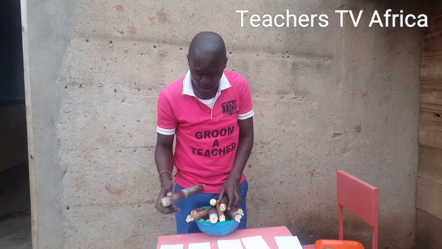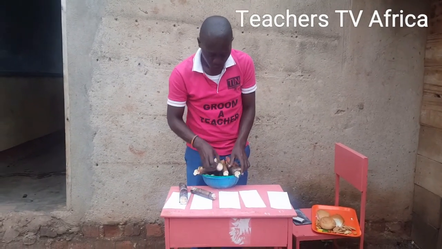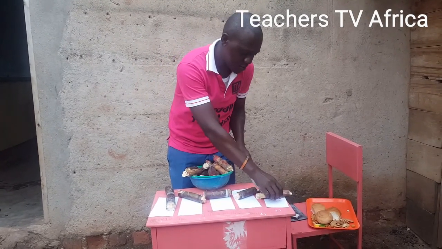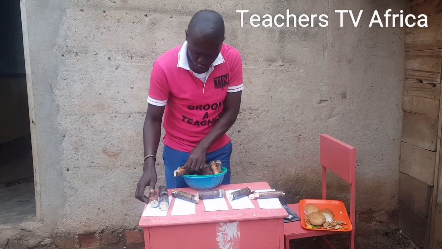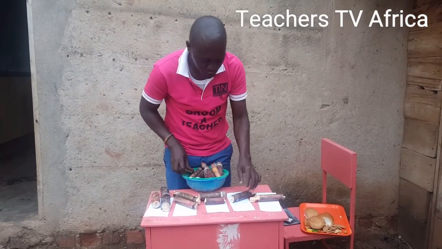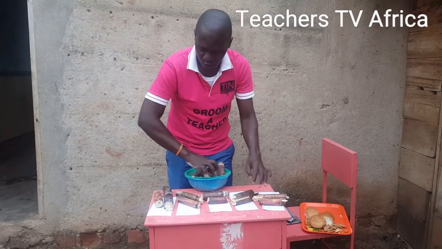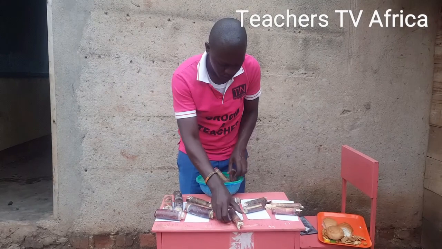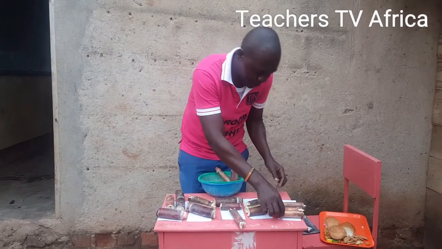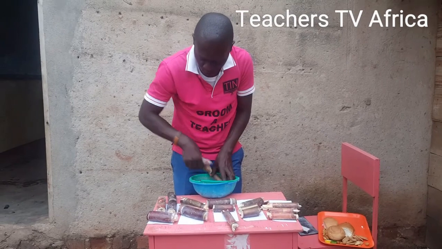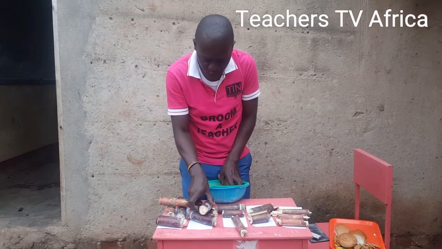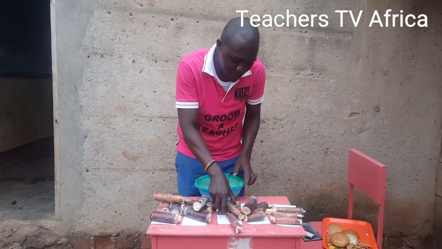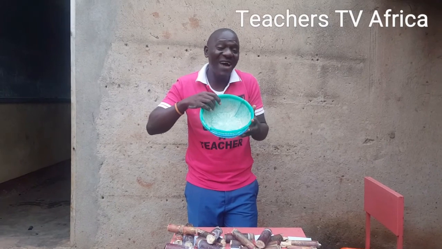Let us try to give them out. 1, 1, 1, 1, 1, 1. 2, 2, 2, 2, 2. 3, 3, 3, 3, 3. 4, 4, 4, 4. And in my basket, I have nothing left.